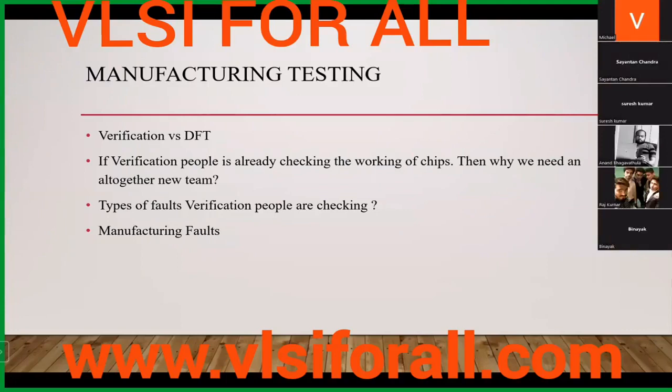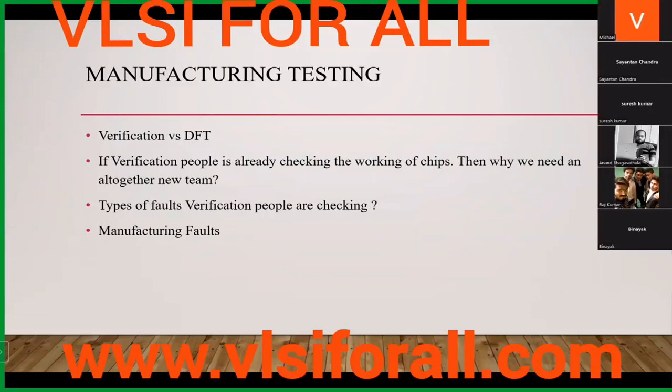No, right now it's not the trend. Previously it used to be, but right now I don't know of any DV team actually having DFT knowledge. They are not having it. They don't know DFT much right now, because from the point of time when people were doing both verification and DFT, DFT has changed a lot.